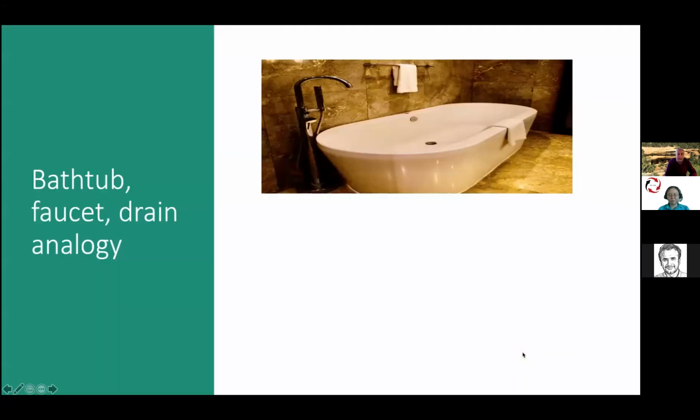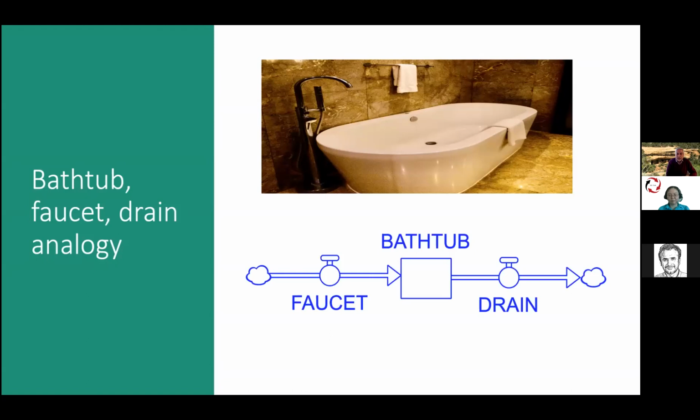And the intuitive format is very easy, very amenable to comparison with bathtub faucets, drains, and we use an abstract map of bathtub faucet drains. The system dynamics uses both stock and flow and feedback loops. I want to emphasize that.